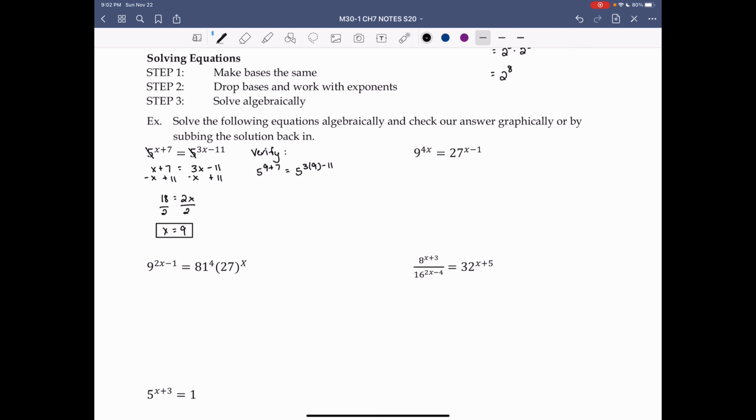On the left side, we get 5 to the power of 16. On the right side, we get 5 to the power of 27 minus 11. Then that's 5 to the power of 16 equals 27 minus 11 is 16, so 5 to the power of 16. Left side equals the right side, so that's verified.